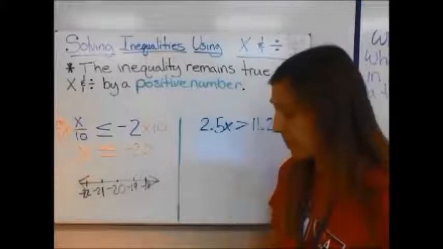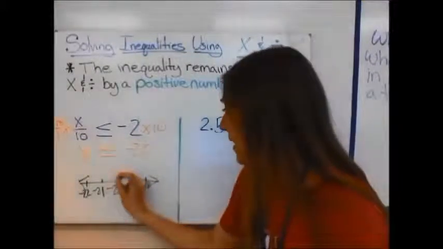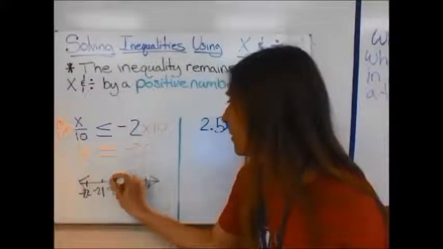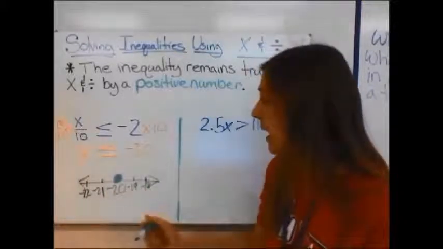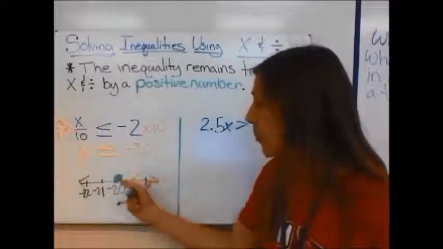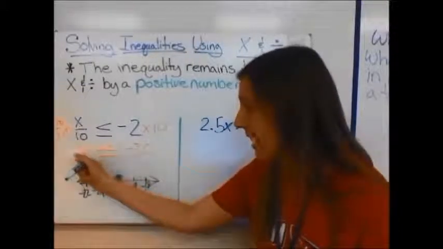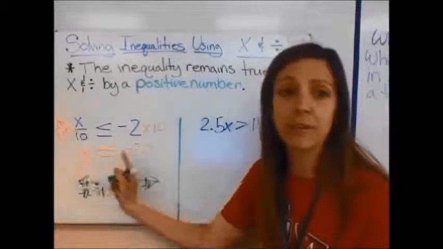In this example, I'm going to put a closed circle above negative 20 because I have the or equal to symbol, the line underneath my inequality. And I am going to point my arrow in the direction that means less than, which is to the left, because x, my variable, is less.